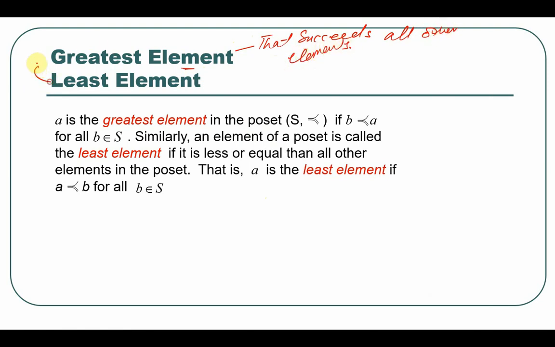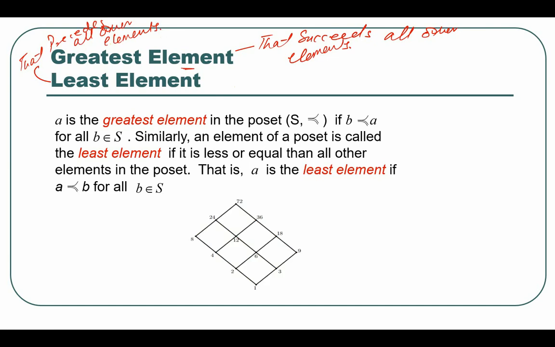And the least element is one that precedes all other elements. So if you take any element of the set, if a particular element succeeds all other elements, then it is called the greatest element, or if this element precedes all other elements, it is called the least element. Let's take a simple example.